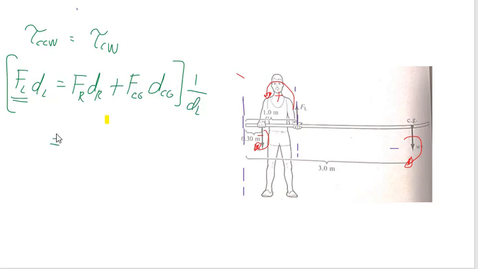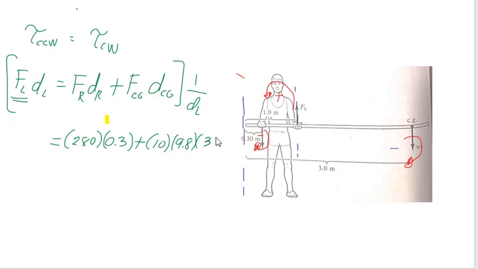Now let's substitute. The force exerted by the right, we were able to solve for it. That's 280 newtons. But the distance from the axis of rotation is not 0.7 anymore, it's 0.3. Plus the weight of the center of gravity, which is 10 times 9.8, times the distance from the axis of rotation, which is 3 meters.